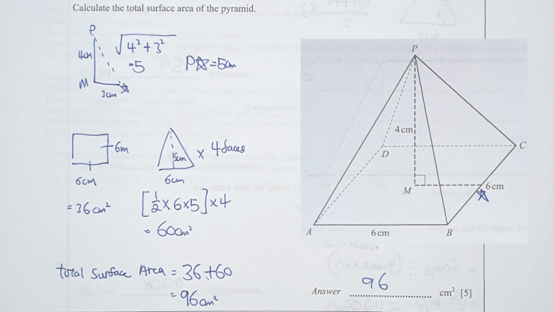Okay, so 6 times 6 will get you 36 cm square, and there's actually 4 faces of this pyramid. So we have a base of 6 cm, we have a height of 5 cm, multiply it by half, multiply it with 4. So the total surface area will be 36 plus 60, which is 96 cm square.